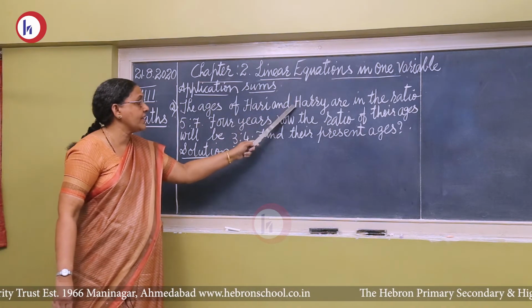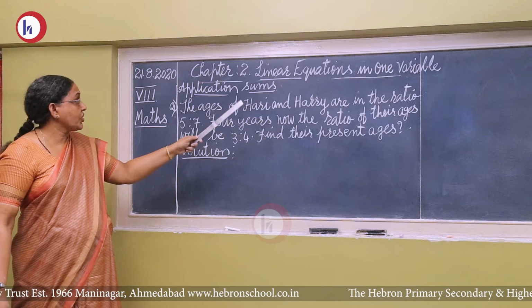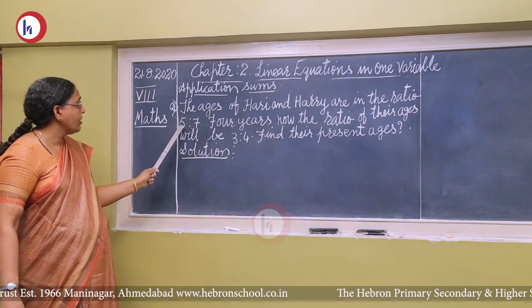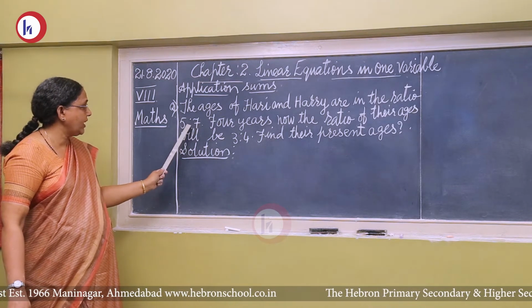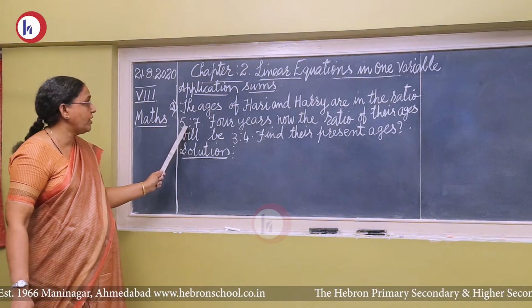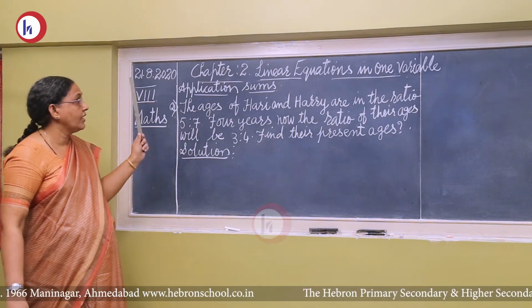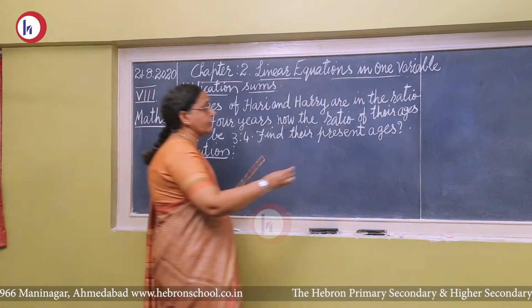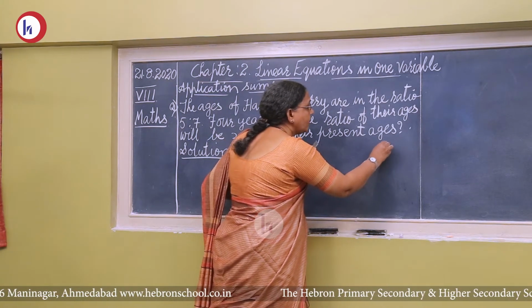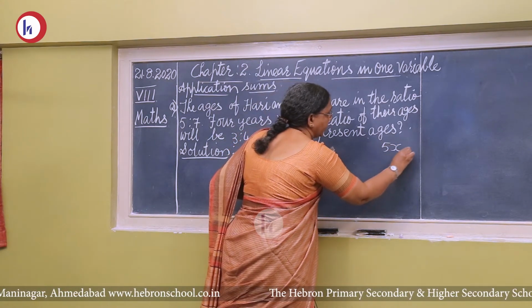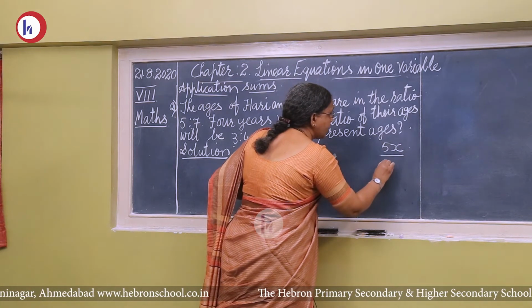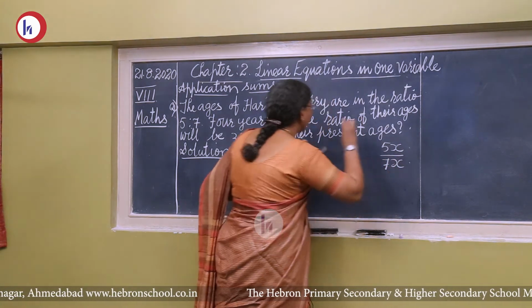So, Heidi's and Harry's present age ratio is given, that is 5:7, which can be taken as x. So, it will be 5x and 7x. Then after 4 years, now ratio means you all know that to find the ratio we always divide the numbers, 5x upon 7x.